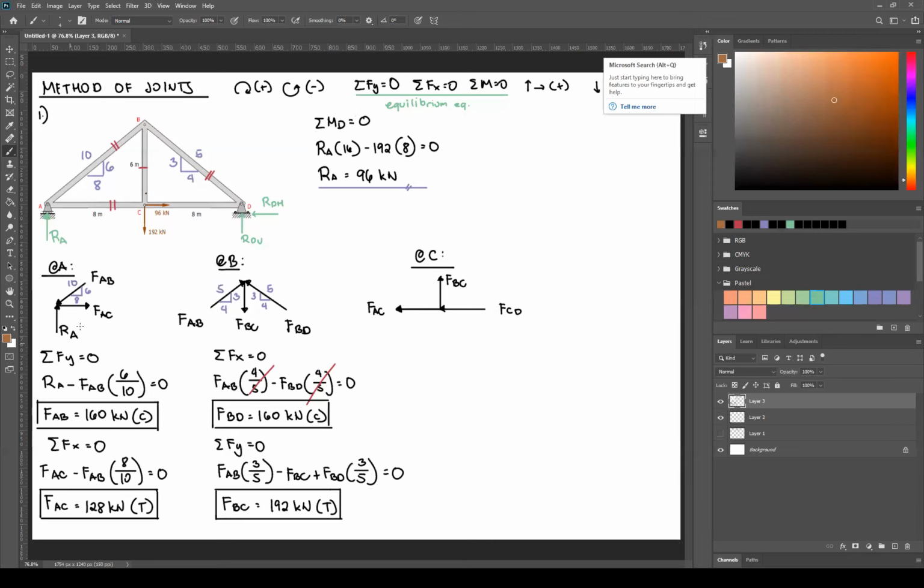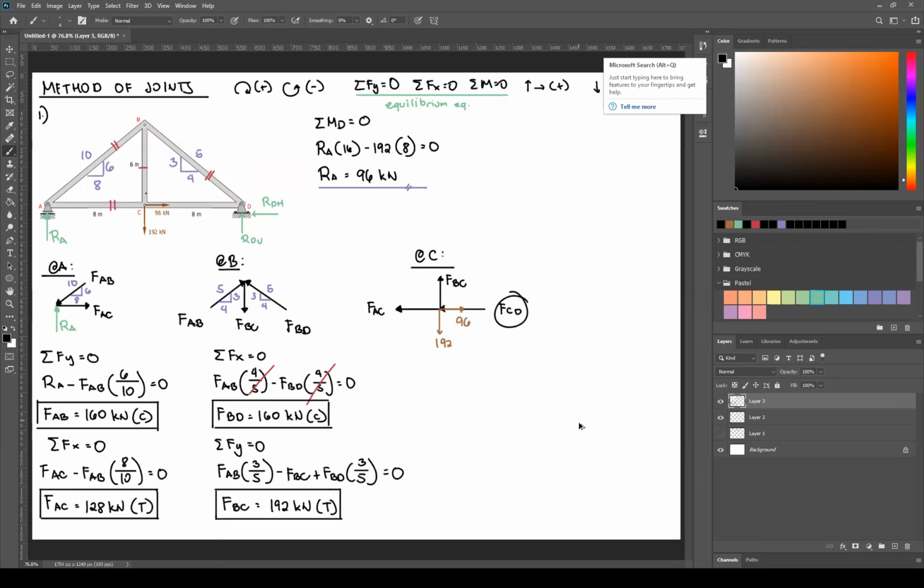Like we had RA here, so copy RA. In the same manner, we have external forces here, so apply that as well. So we have a downward force of 192, and we have a force to the right of 96. So you can just do this. And now you have your free body diagram.